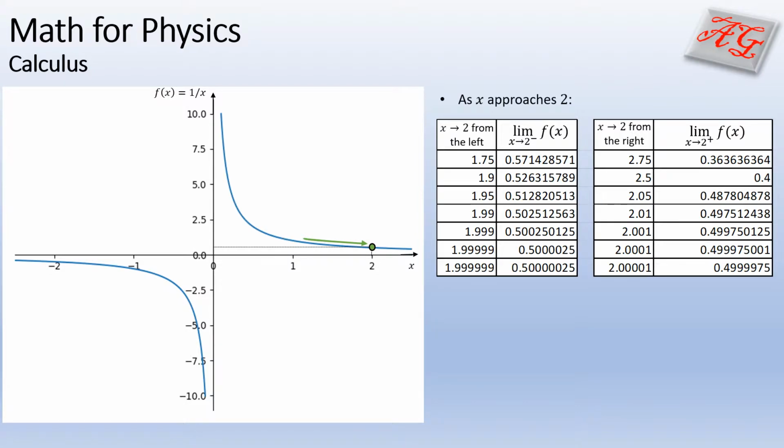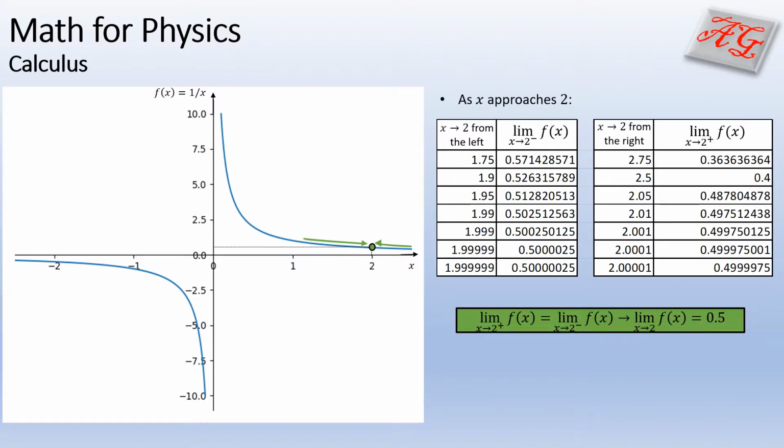converges to 0.5. You can do the same as x approaches 2 from the right, and you find that as you take numbers that are closer and closer to 2, the function 1 over x once again converges to 0.5. So we can conclude that since the function converges to 0.5 as x approaches 2 from both sides, the limit as x approaches 2 is 0.5.